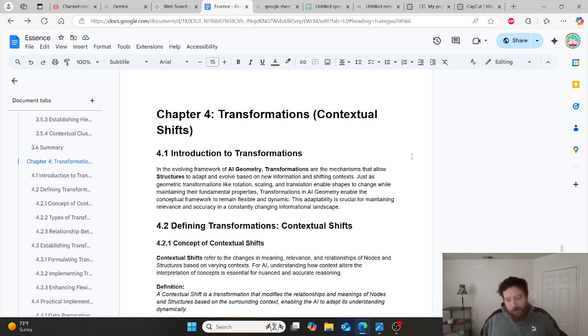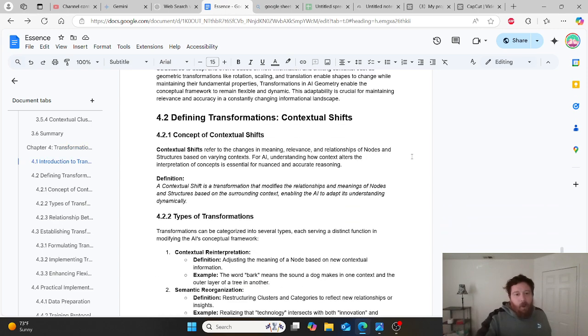So this is when the model would utilize transformations and contextual shifts when dealing with human language, right? It's kind of the bridge. What bridges AI geometry and human concepts? Transformations. That's the exact glue in between, right?